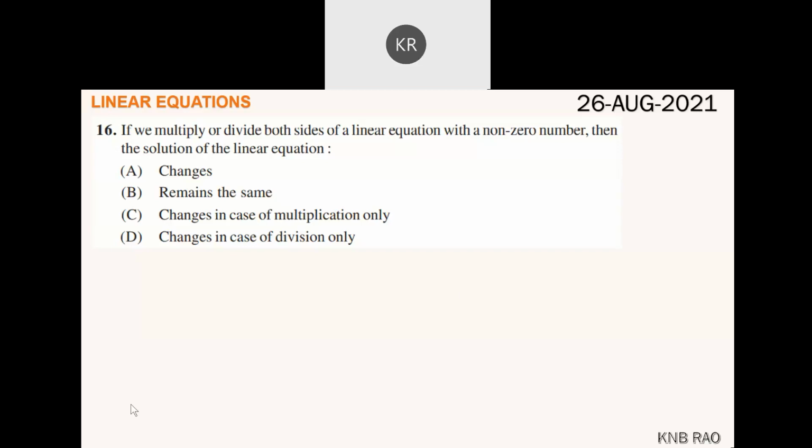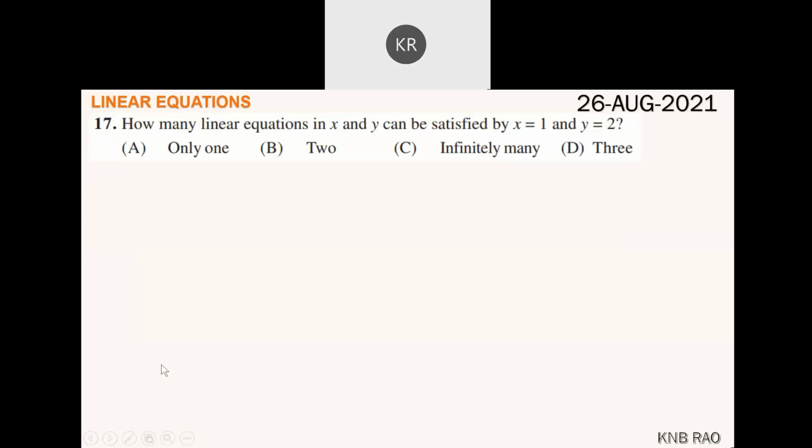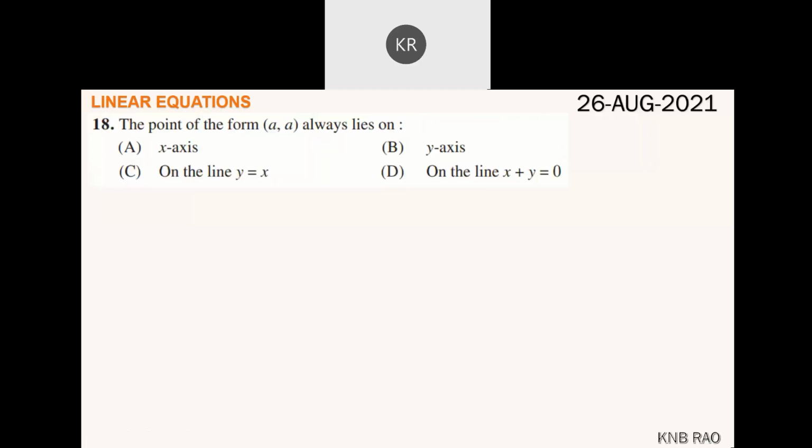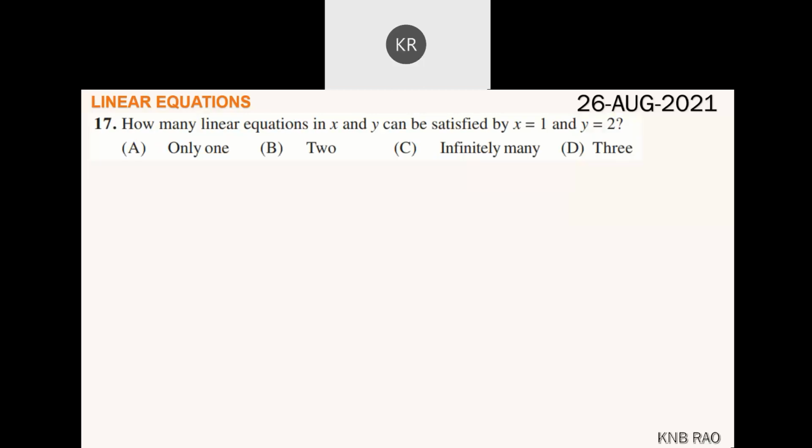Question number 17. How many linear equations in x and y can be satisfied by x equal to 1 and y equal to 2? Option A only 1, option B 2, option C infinitely many, and option D 3.